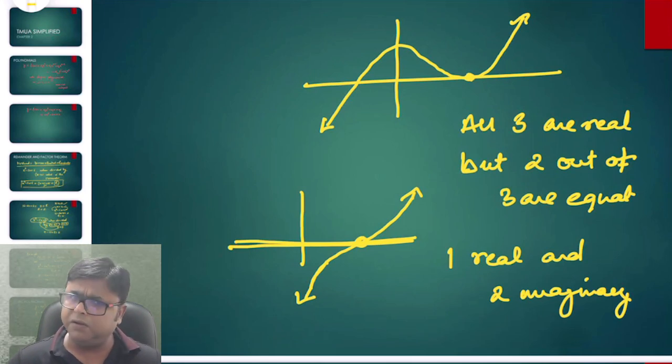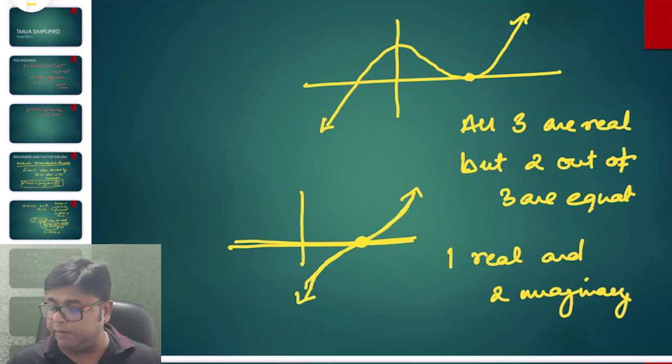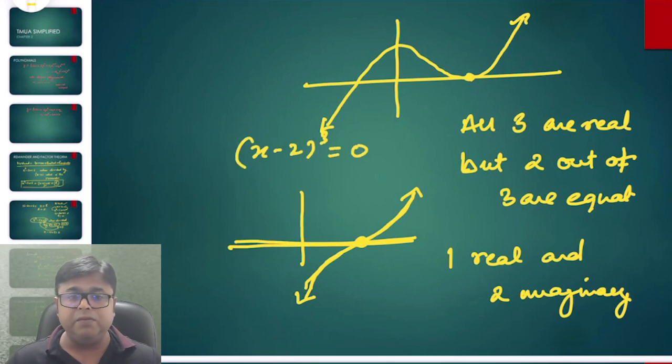All three can also be equal. The curve will be very similar to this one, but in that case all three roots will be equal. For example, if I have x minus 2 whole cube equal to 0, this is a cubic equation in which all three roots are 2.